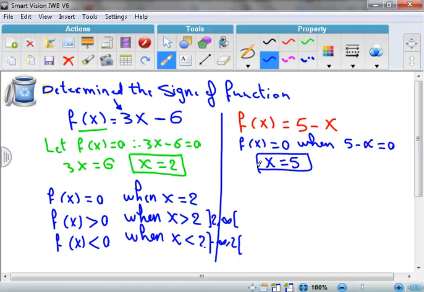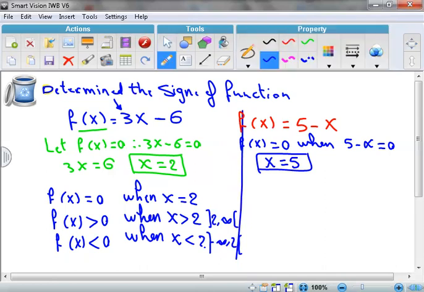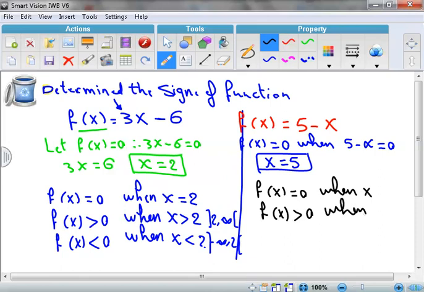Now we write the 3 sentences. f of x equals 0 when x equals 5. f of x greater than 0 when x. f of x less than 0 when x.